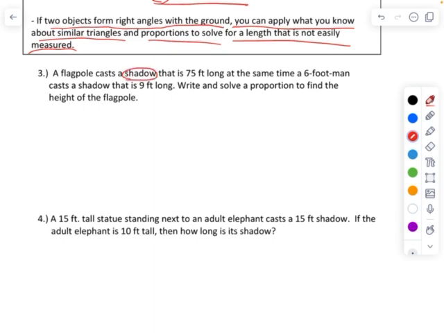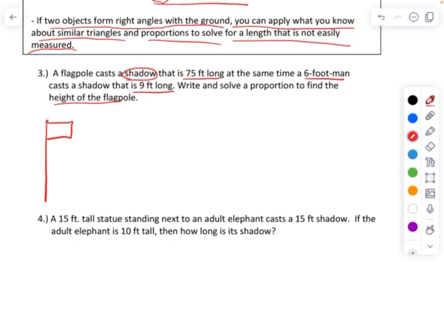Let's take a look at number 3. A flagpole casts a shadow that is 75 feet long. At the same time, a 6-foot man casts a shadow that is 9 feet long. Write and solve a proportion to find the height of the flagpole. So we need to make sure we can draw a picture. The information we have about the flagpole is that it has a shadow that's 75 feet long.